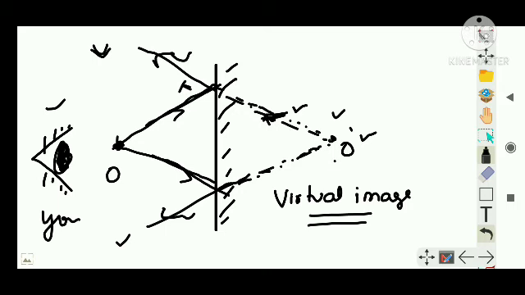An object is seen if light rays are incident on it and reflect back to your eyes. So you feel this image is formed by the meeting of reflected rays, which never happened. The image usually formed by a plane mirror, always, is a virtual image.